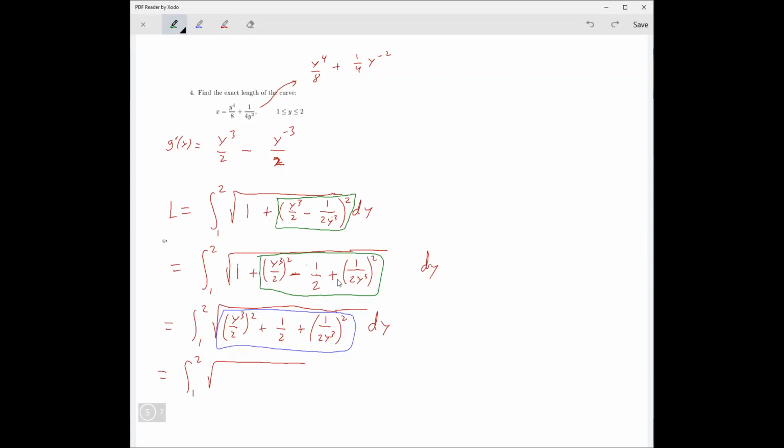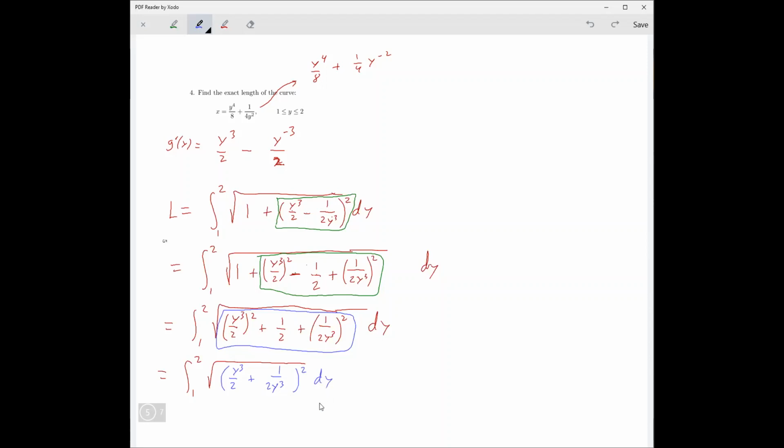Now this one is equal to this squared, right? Because expanding all this out gives me this. So the blue one is going to be y cubed over 2 plus 1 over 2 y cubed, squared. So instead of a minus, it's a plus.